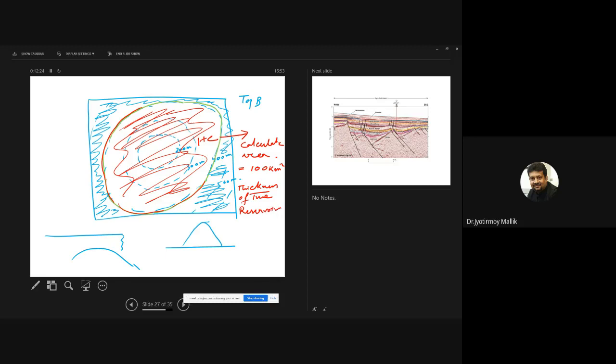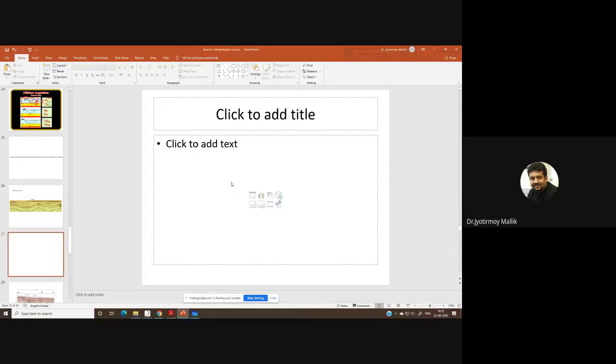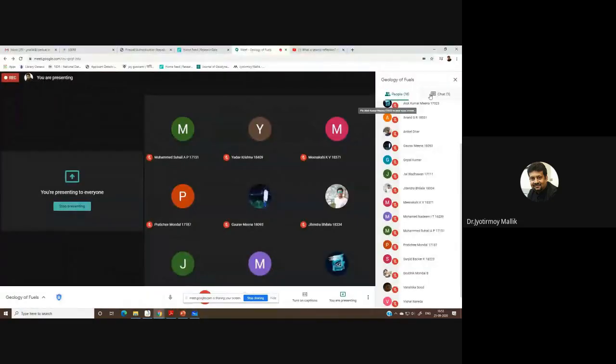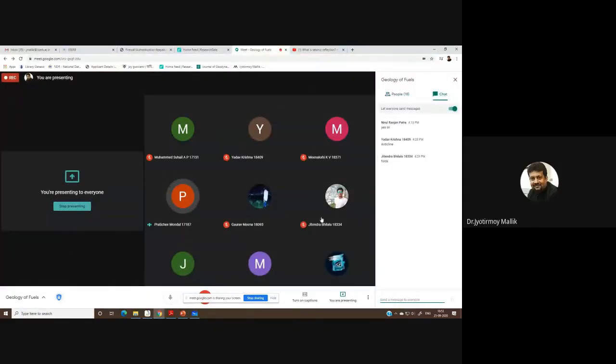Remember, we are actually taking the gross thickness of the reservoir, because while we calculate STOIP, we are going to multiply net to gross with it. So we will take the gross thickness of the reservoir as say 10 meters. Okay. So what does GRV stand for? Can you tell me? Anyone? Gross rock volume.